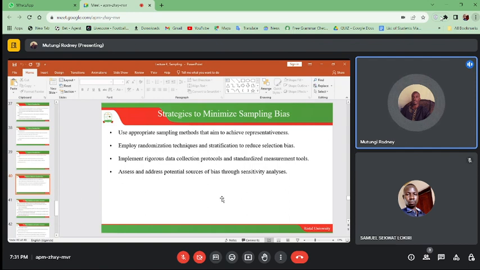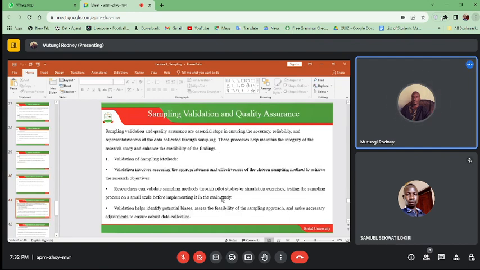So before you go to the field to collect this data, you should be able to pretest your methods of data collection so that whatever is the issue, it can be ironed out before you go to the field. Another aspect of sampling is validity and quality assurance. And they are very essential also in ensuring that we have accurate data, we have reliable data, and representativeness during sampling.